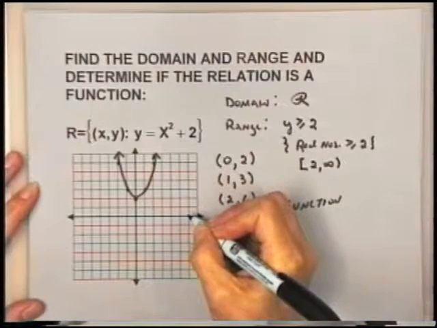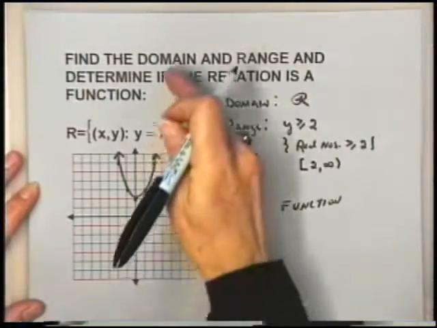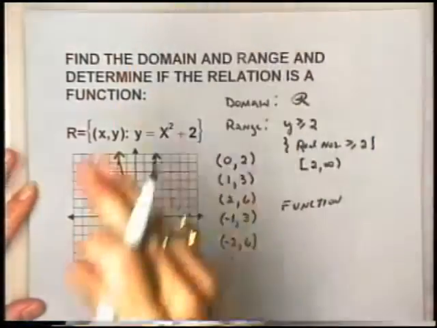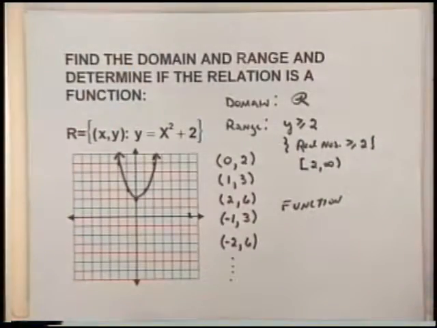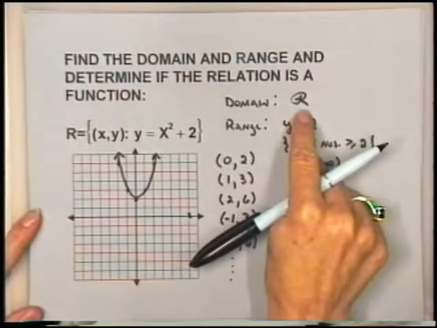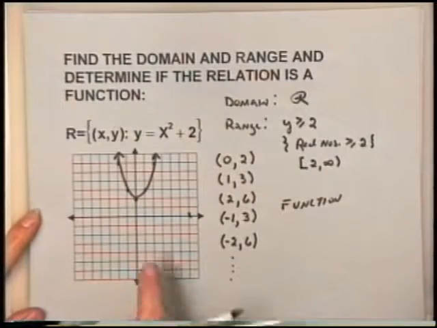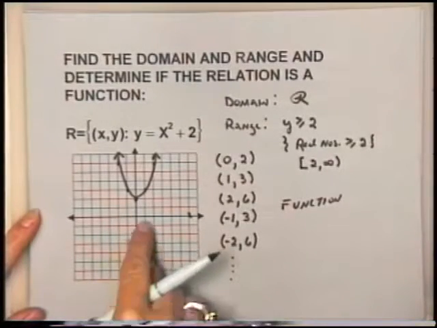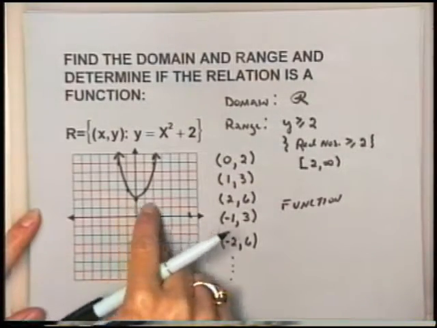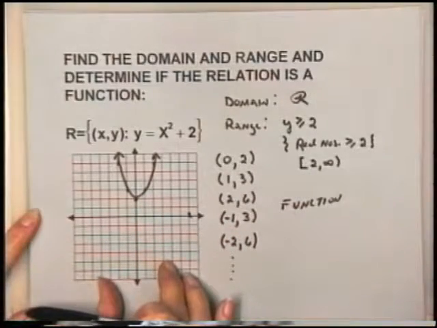So, even though it may take a while, above this number x right here, for instance, eventually, way up here, there will be a point on that graph for that x value. So x certainly is any real number for this equation. But notice, on your y-axis, these y values down here below a y value of 2, there is no graph.